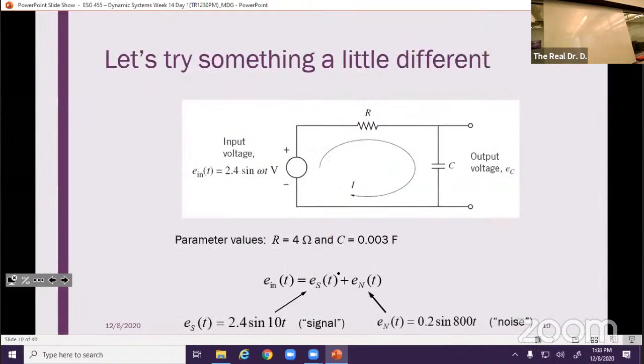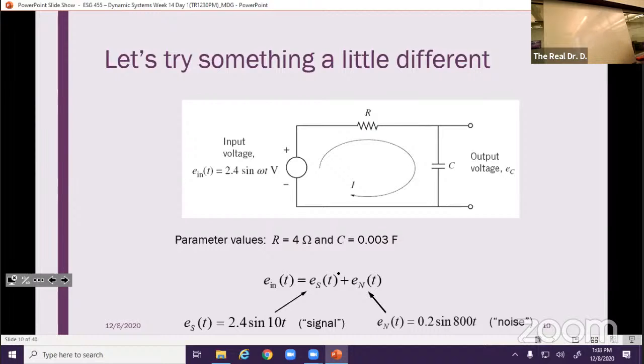So let's try something a little bit different with this same circuit example, okay? I've got the same exact circuit, same values and everything, but I'm changing my input. My input is a low frequency signal, E sub s, that happens at 2.4 sine 10t, and a high frequency noise signal that's 0.2 times sine 800t, right?